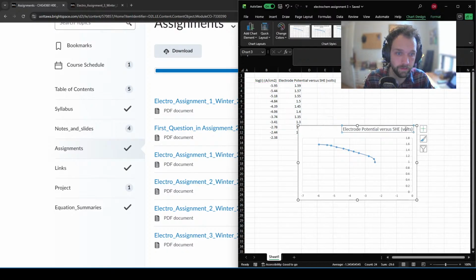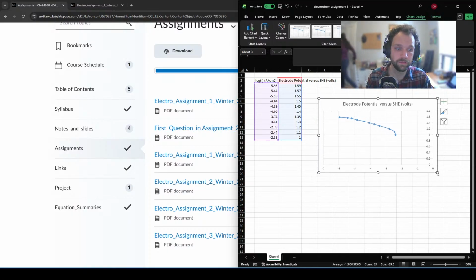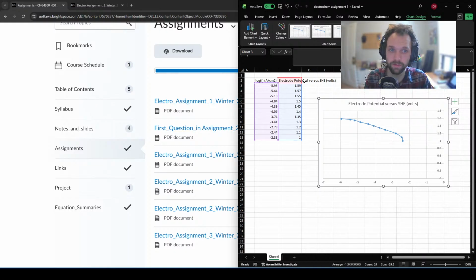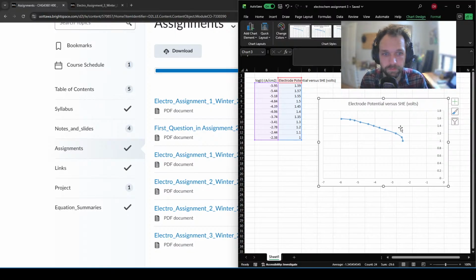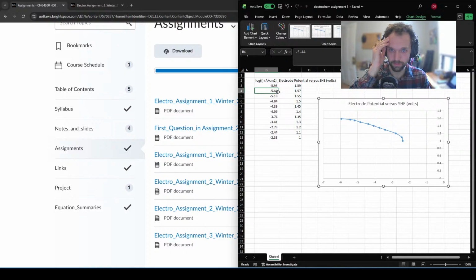Here we are. That's going to be from negative 5.44 to... this is more of a straight line. 5.44 to negative 2.78.